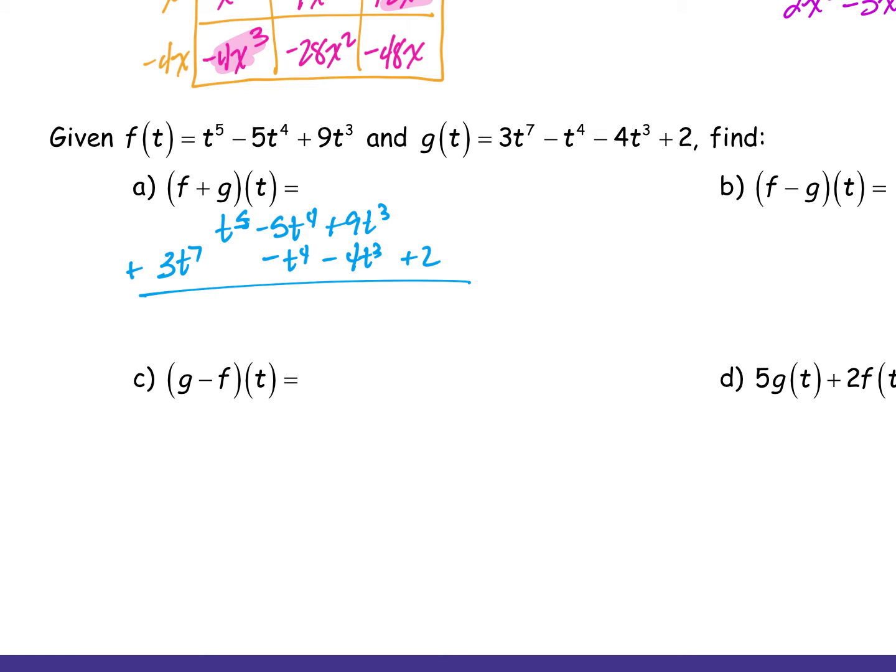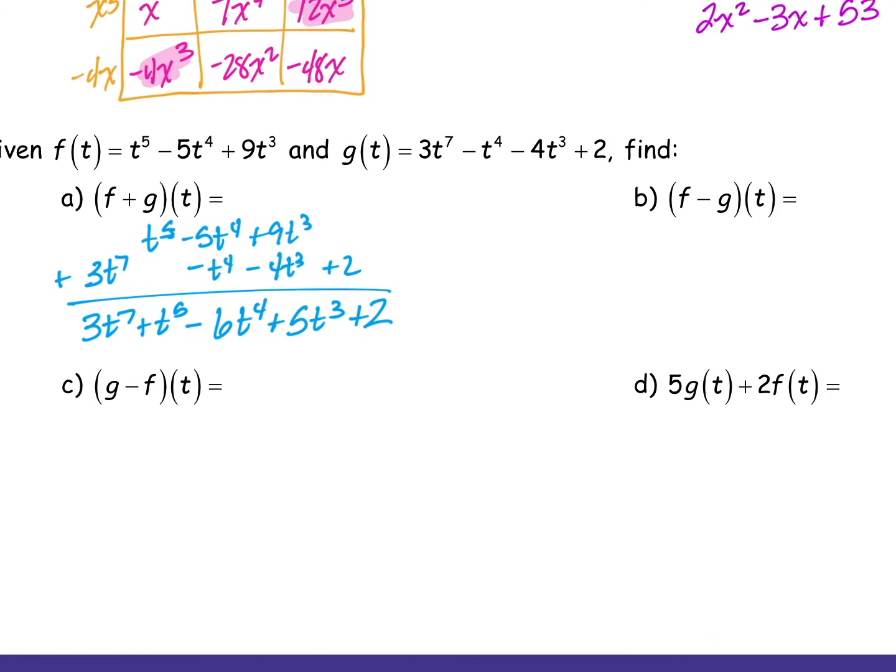So I should get, let's see, 3t to the 7th plus t to the 5th minus 6t to the 4th plus 5t cubed plus 2. Too many t's. How did I get 6? I added wrong. Okay.